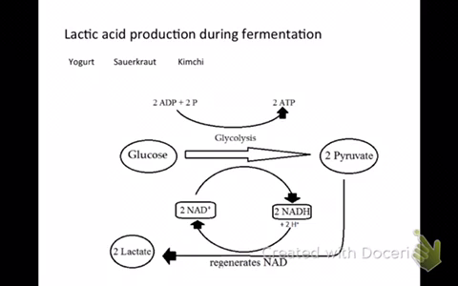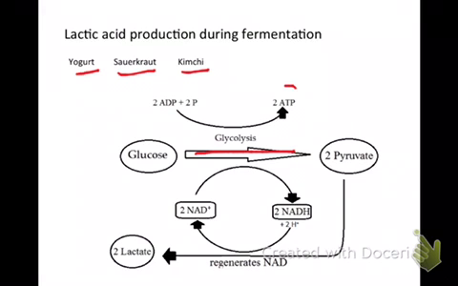As we saw in the earlier slide, the lactic acid bacteria are involved in the production of yogurt, sauerkraut, and products like kimchi. And again, they take glucose, run it through the process known as glycolysis, which you'll learn more about in both microbiology and biochemistry, to give us pyruvate.